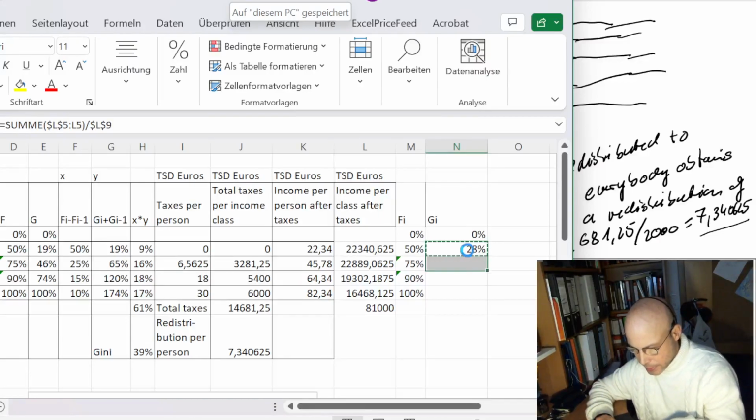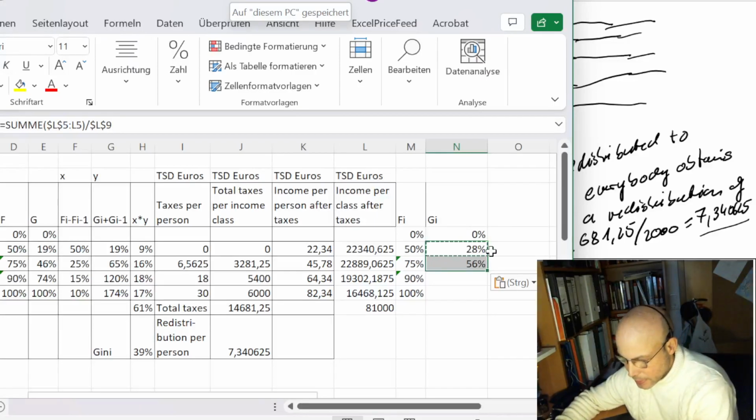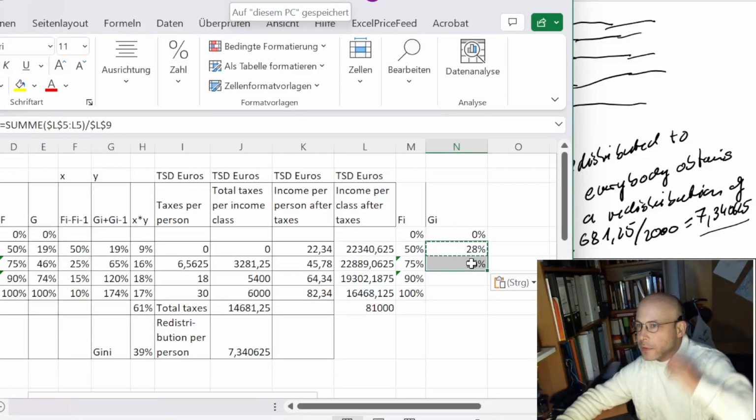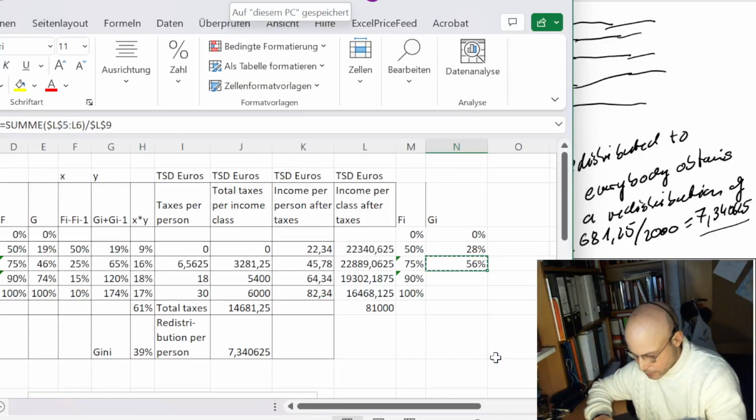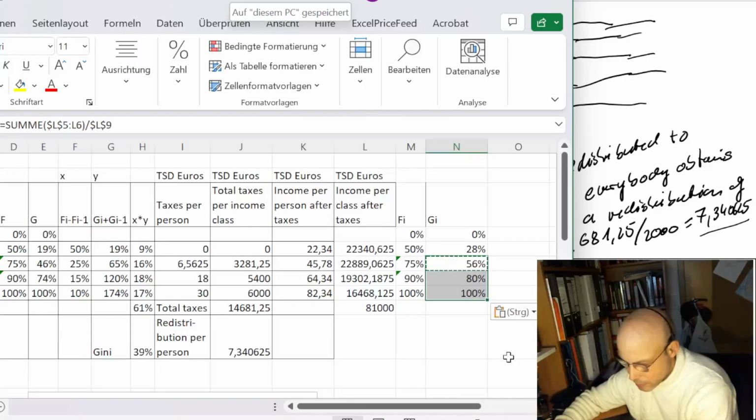If you are doing calculations, then also keep in mind that you roughly know what has to appear there. Okay, there we are twice as large, 56%. This is okay. And then we are also at our 100%.